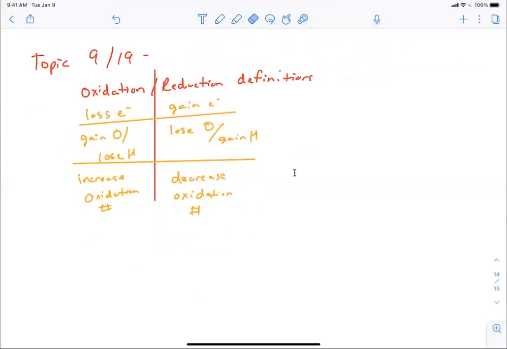And don't forget, oxidation states are +2, not 2+. And you will be docked for not writing in the correct convention. 2+ is charge, +2 is oxidation number.